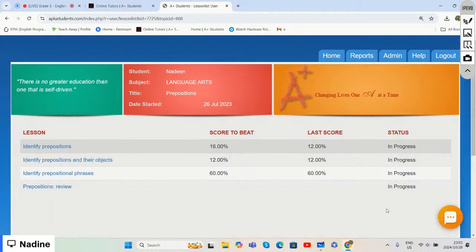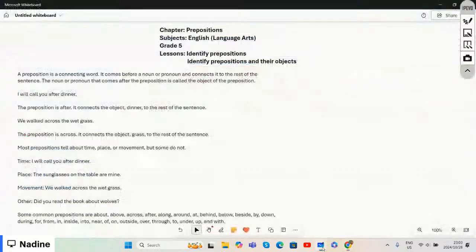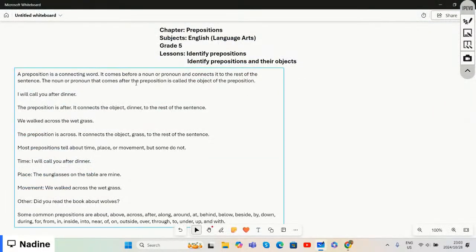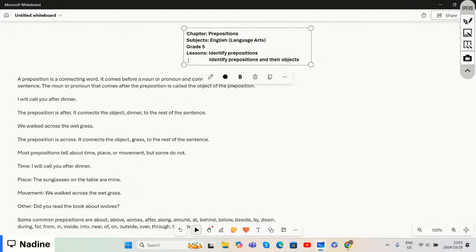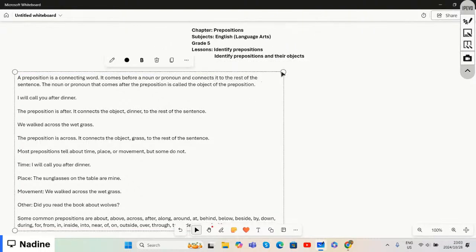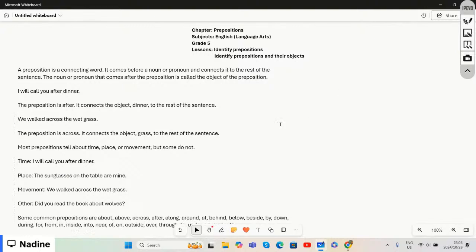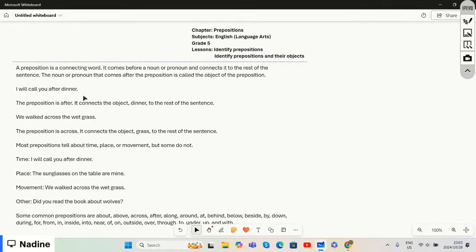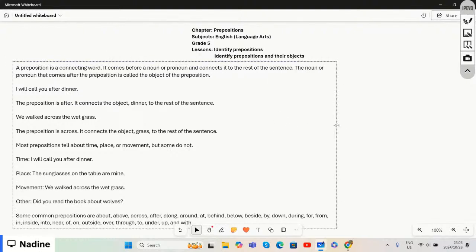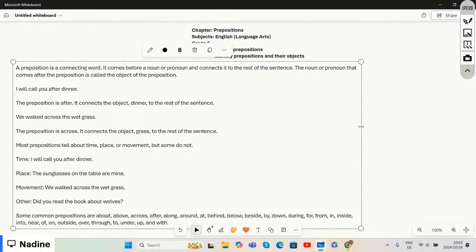All right. So the chapter is prepositions, our subject is English Language Arts, and we're doing grade 5.